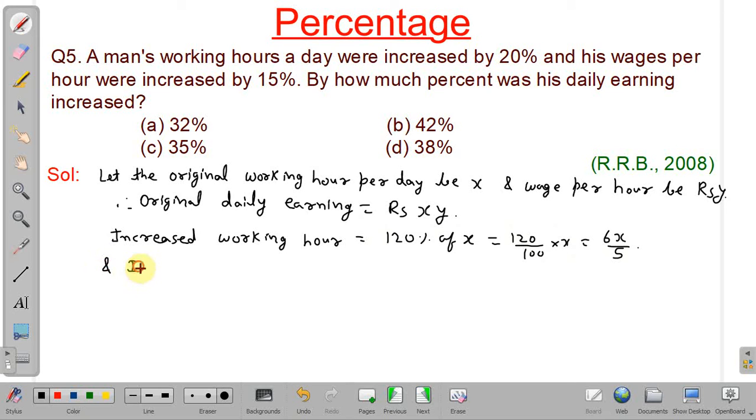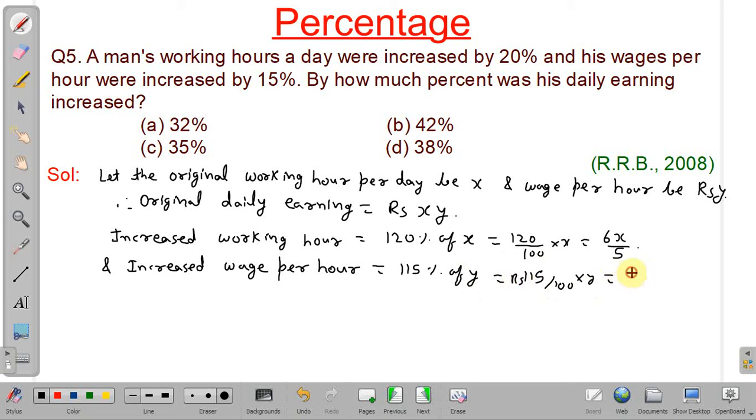And increased wage per hour is increased by 15%. So 115% of y, because wage per hour is y. So 115 by 100 into y, and after simplifying we get 23 by 20 into y, in rupees.